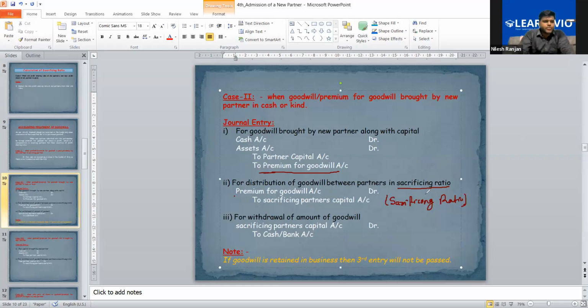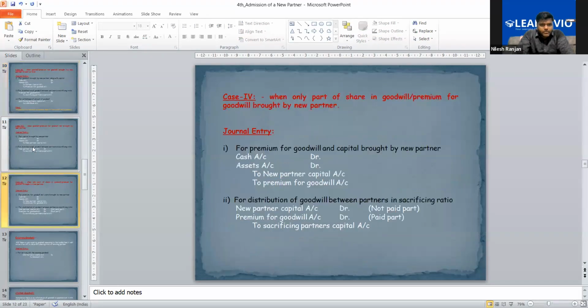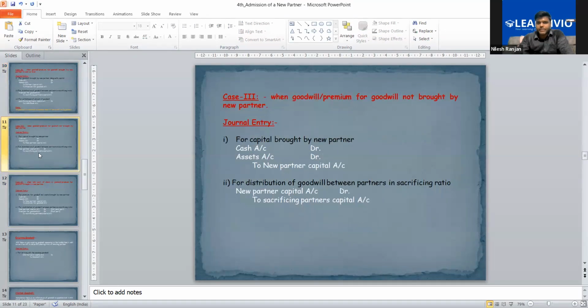Okay. So this is our case number 2. Now the third case, the third and last one. When goodwill, premium for goodwill, is not brought by the new partner.